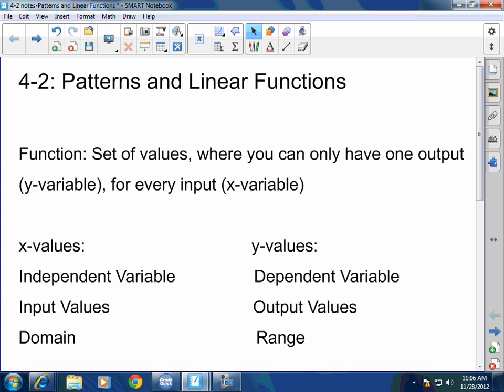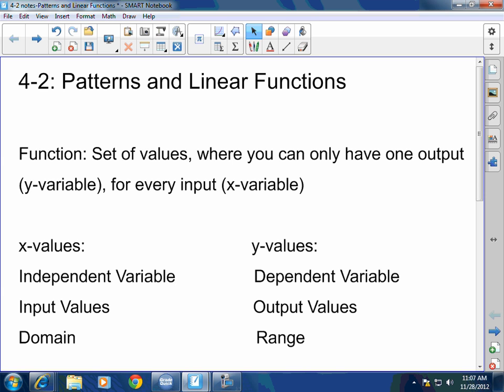As far as the x values go, the x values are known as the independent variable. They're known as the input values. And they're also known as the domain. The y variable, or the y values, are known as the dependent variable, the output values, and the range.